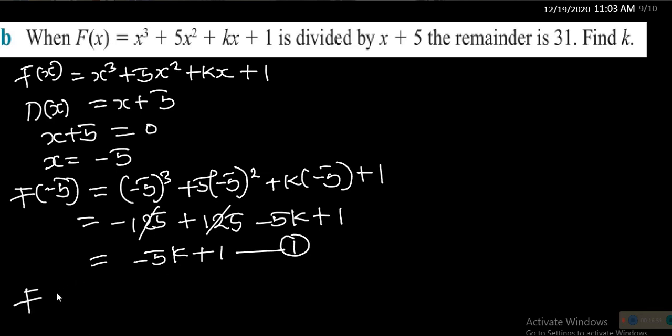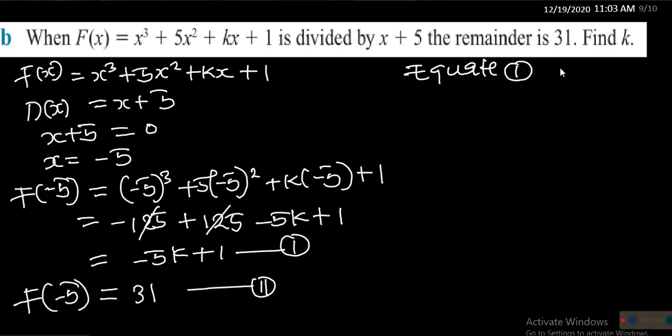Also, f of minus 5 is given from the question to be 31. Now let's call this equation 2. If we equate 1 and 2 together, we're going to have minus 5k plus 1 equal to 31.